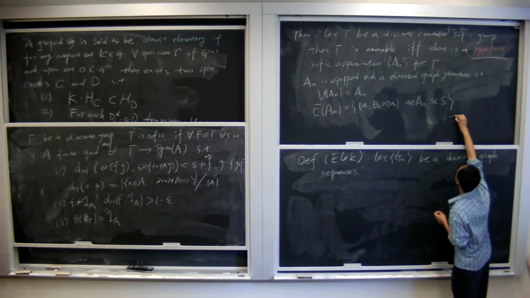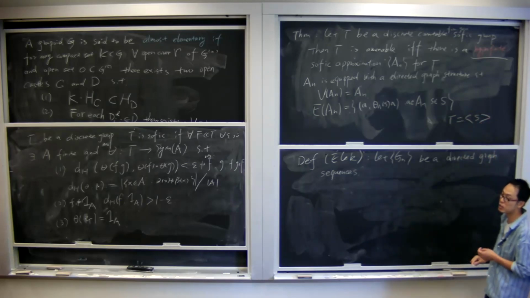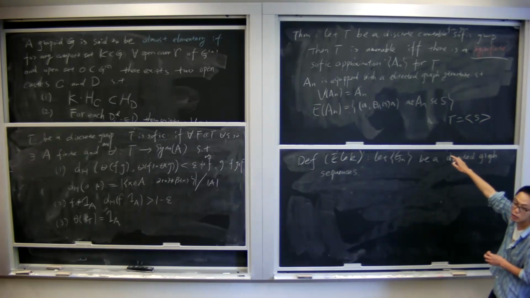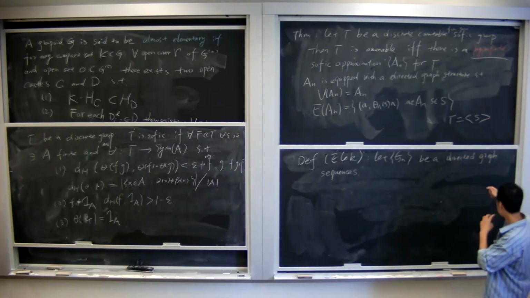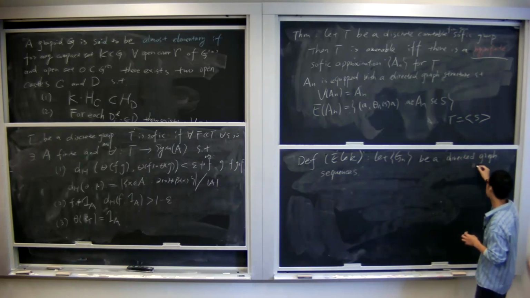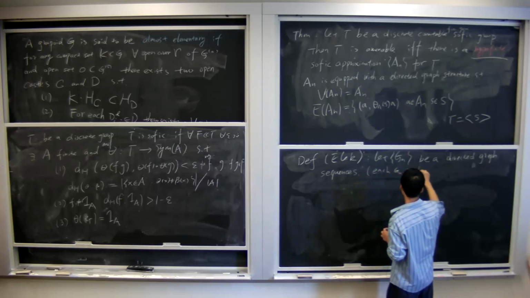Capital S is the generating set: Gamma is generated by S, just a generator of your group, right? That's why we need your group to be finitely generated, because we want the graph to be locally finite. Actually, we need a bounded degree, so each G_n is of bounded degree.